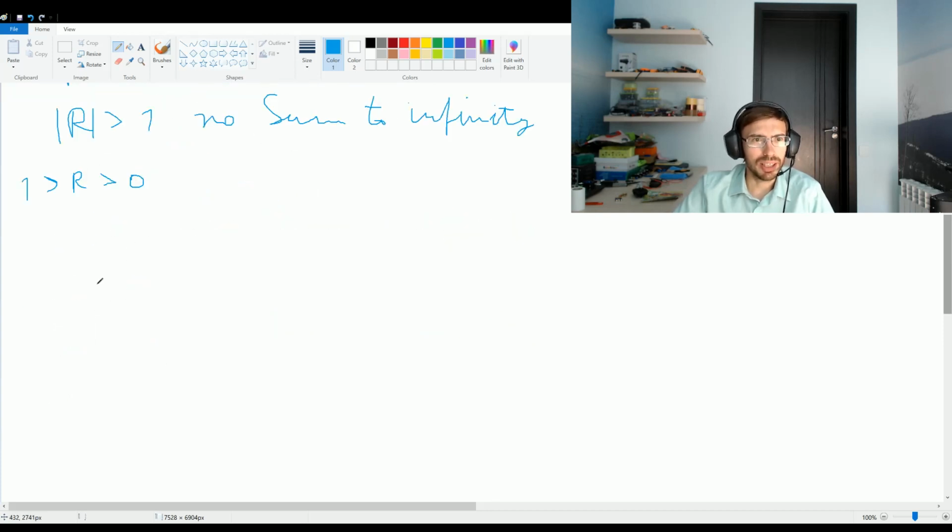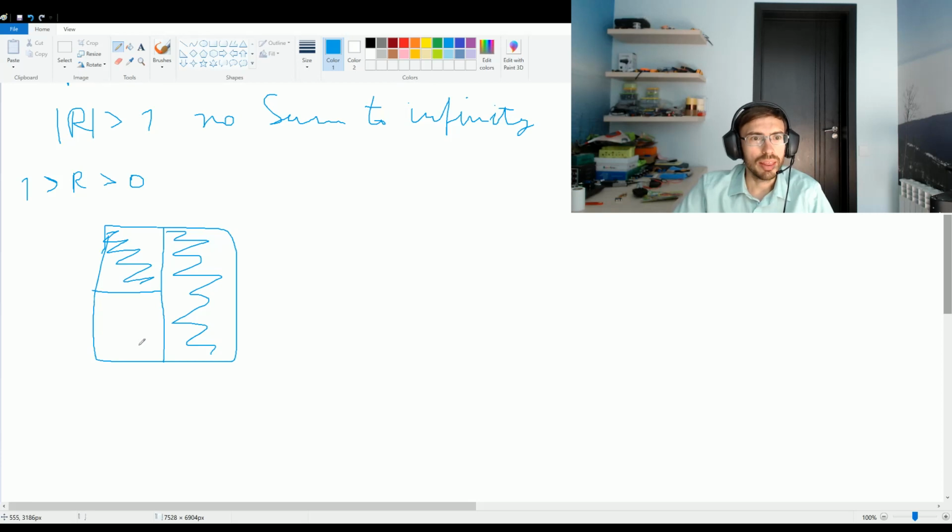Let's imagine here we have a square. First, I'm taking half of this square, so I'm shading that. Then I'm taking a quarter of the square. I'm shading this. Then I'm taking an eighth of the square, which is that.